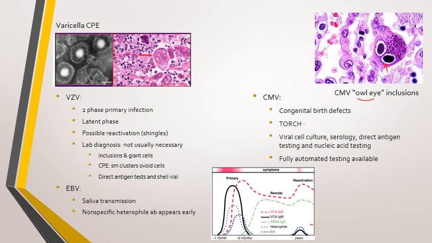In reactivation, obviously that primary phase isn't the same. You get these lesions that are usually much more painful than the first time that you had it. Reactivation generally will occur even in immunocompetent people.